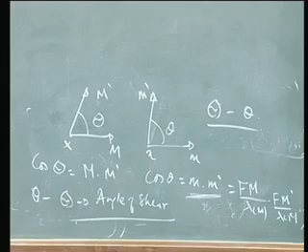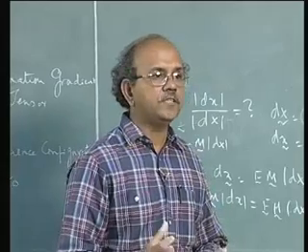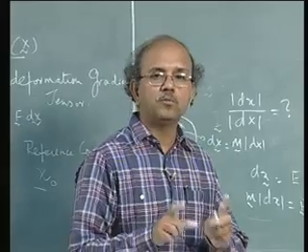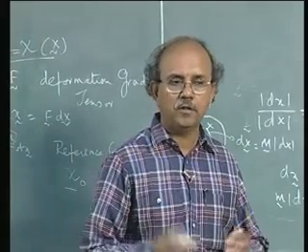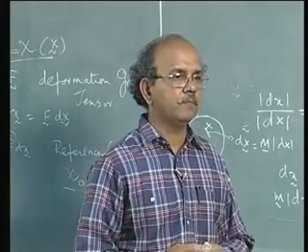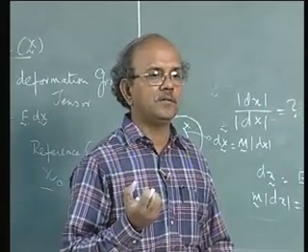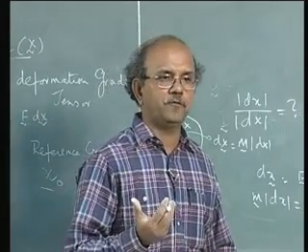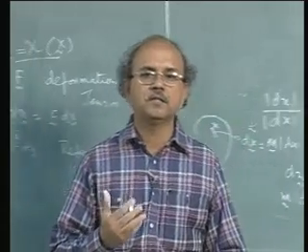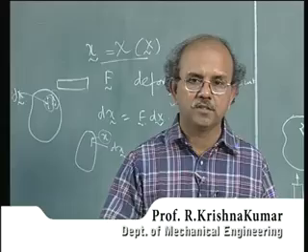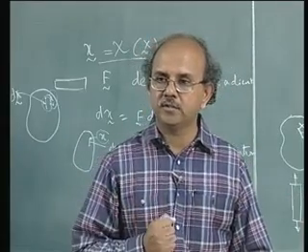Okay. Now having studied a line element, and also having taken into account the change in the angle between two line elements, let us look at what happens to a volume element and a surface element. They are very important for us later for writing down constraint equations as well as stresses.